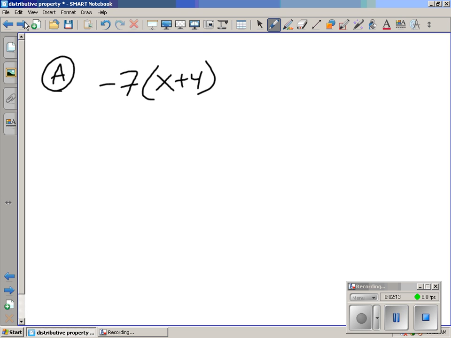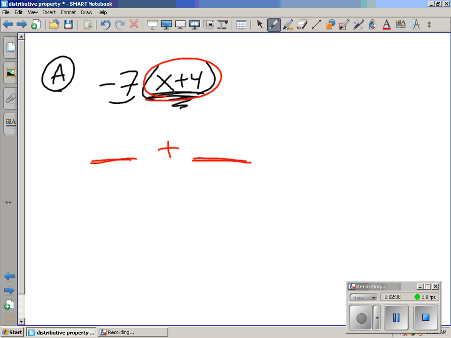In the first example, we have -7 multiplied by the quantity x plus 4. These are not like terms, so we can't combine them. We have to use the distributive property. And I'm going to put a blank plus a blank. The number of blanks will be equal to how many terms are in this set of parentheses. There's 2 terms in this set of parentheses, so we're going to have 2 blanks.